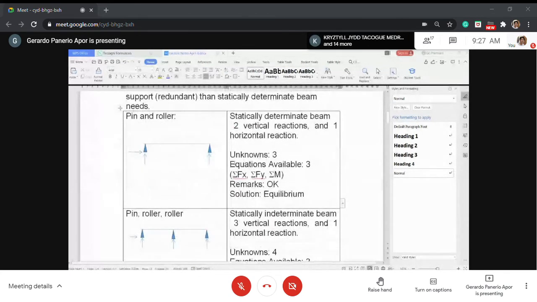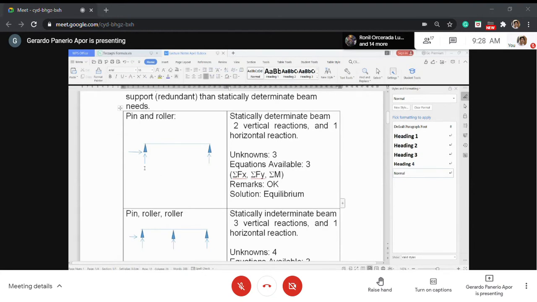To determine the degree of indeterminacy, just determine the number of unknowns and then minus it by 3. Why 3? Because there are only 3 equations available in equilibrium, for plane analysis, for 2D analysis.